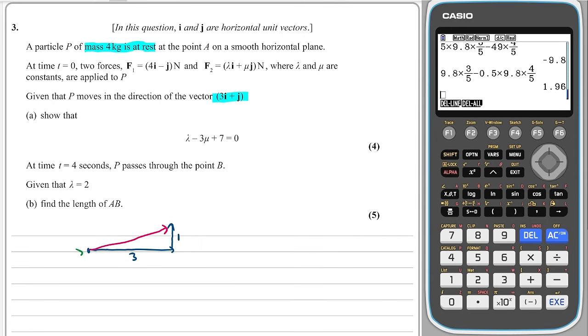The total force is the two forces added together. Again, I'm going to do this in vector format, by which I mean column form. So the sum of the forces is equal to 4 minus 1, plus lambda plus mu.